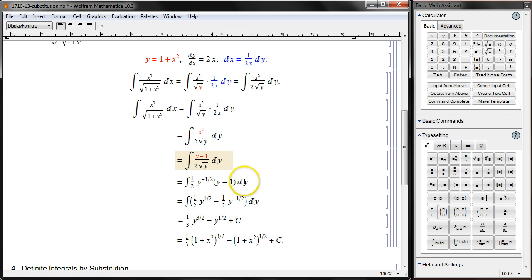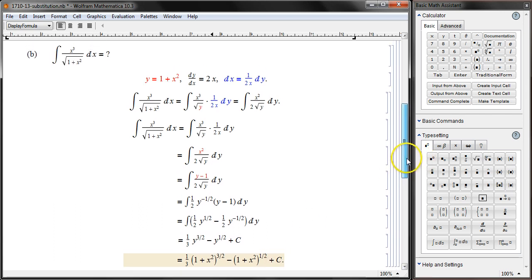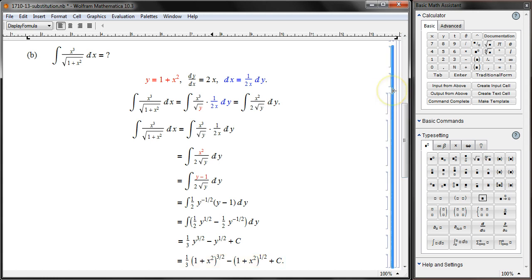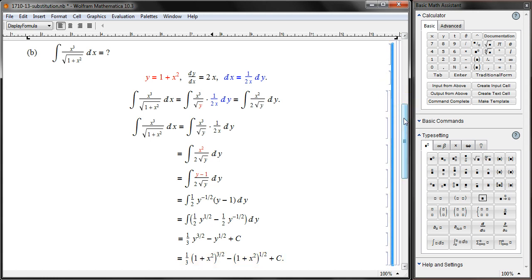We have to break up the numerator, or you can bring this denominator upstairs by taking a negative power. Looks like I took the second method here. Break up the parentheses, apply the power rule one term at a time, and then finally substitute everything back in. And that's how we do it. Let me keep the entire solution in a single viewing window so that you can look at it. And I'm stopping this lesson video here.